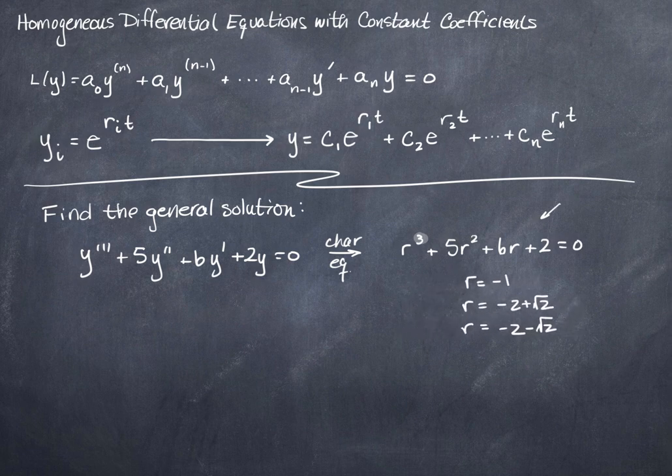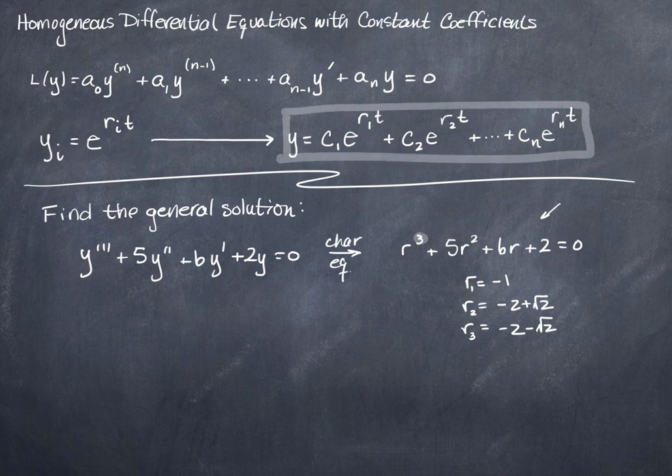So now that we have the roots, we can write the general form of the solution to this differential equation. We have, let me label these r values, 1, 2, and 3. And remembering that we want our solution to be kind of in that form there, I'll start by writing y sub 1 equals c1 e to the r1t.